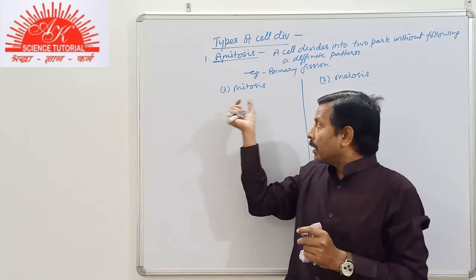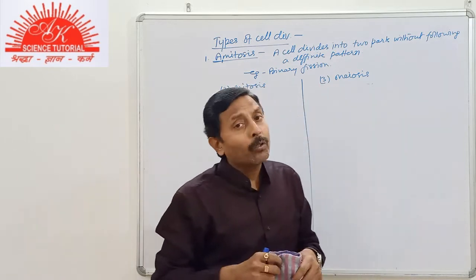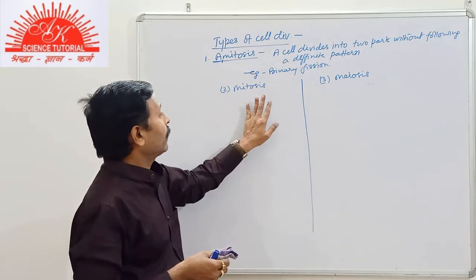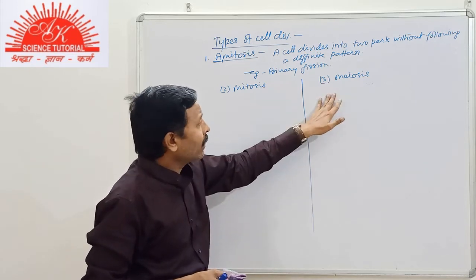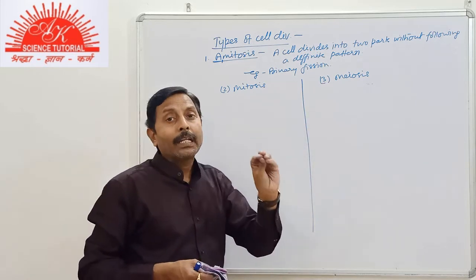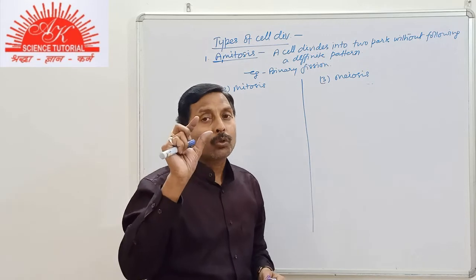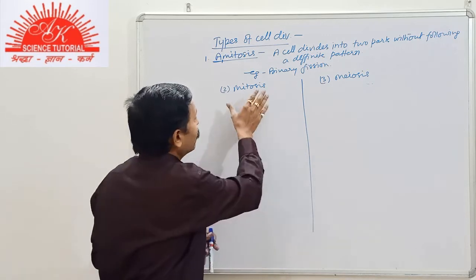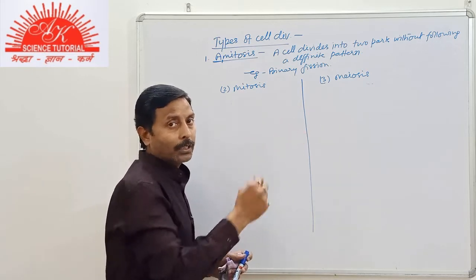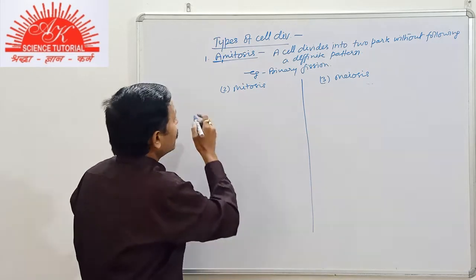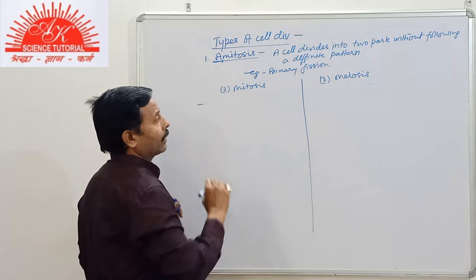So we'll write it point-wise. There is one more significance of writing like this. When you need to differentiate, you can take the point, and if you are asked to write short notes on mitosis, you will write these points together in a paragraph, or for meiosis similarly. So just start to differentiate.